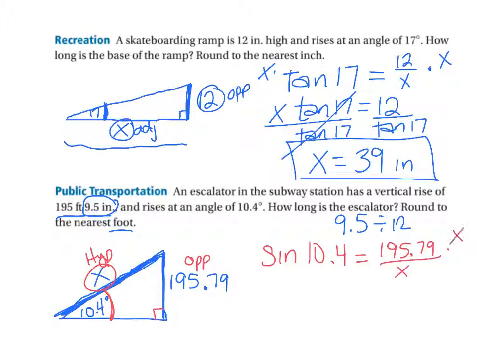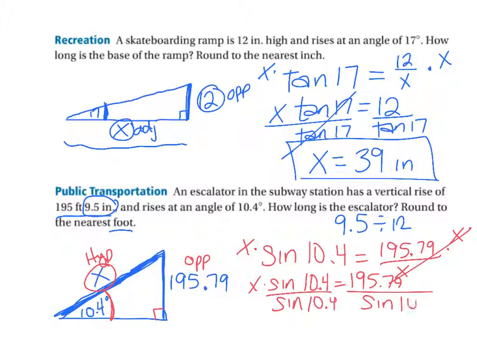Multiply both sides by x. Come back and divide by the sine of 10.4. So in my calculator, I'm going to need to type in 195.79, and I'm going to divide it by the sine of 10.4.